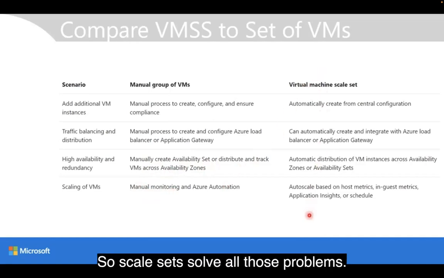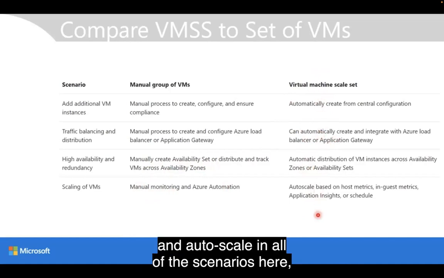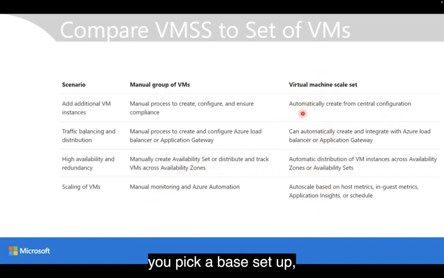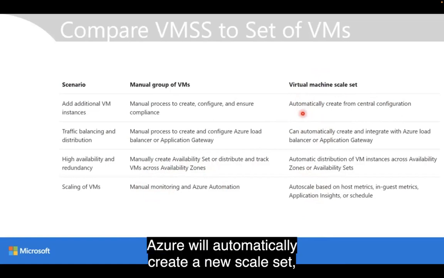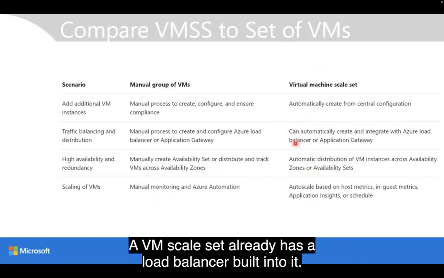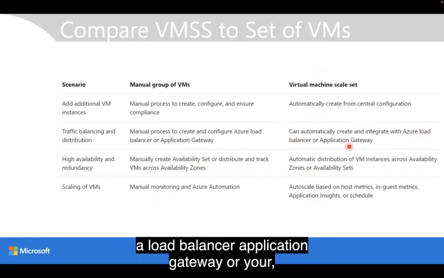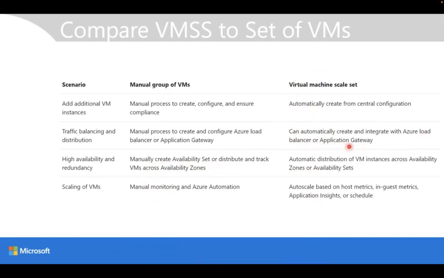So scale sets solve all those problems. Notice the word automatically and auto scale in all of the scenarios here. You pick a base setup, Azure will automatically create a new VM to put in your scale set when needed. A VM scale set already has a load balancer built into it. You can choose which type. These are discussed in other lessons, the load balancer and application gateway are two of your choices.